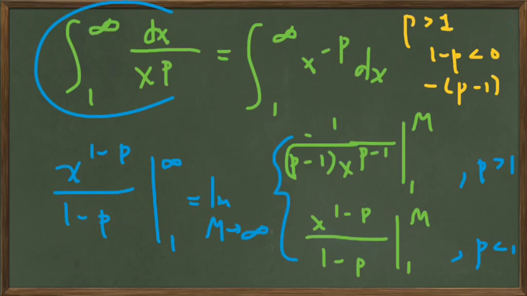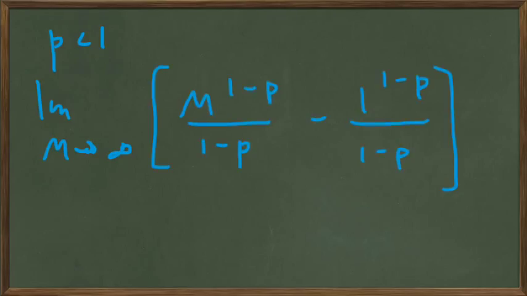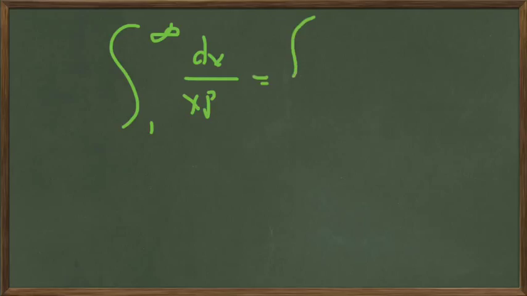And then we look at the other case when p is less than 1. We've got the limit as m goes to infinity of what we have here, but m is going to infinity, so this numerator is going to infinity, so this whole fraction goes to infinity, and so that's how we get the infinite case. So summarizing, the integral from 1 to infinity of dx over x to the p has two possibilities.